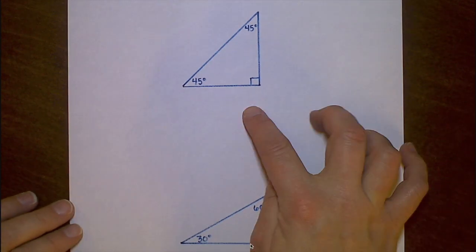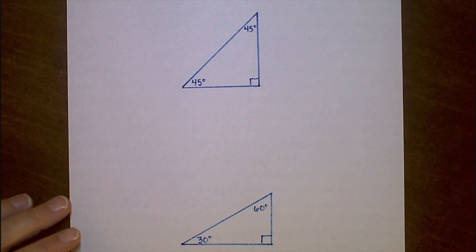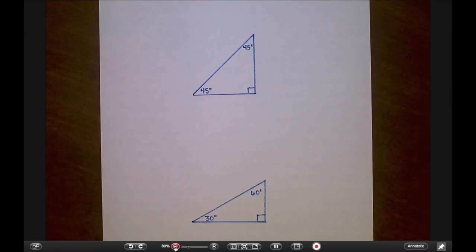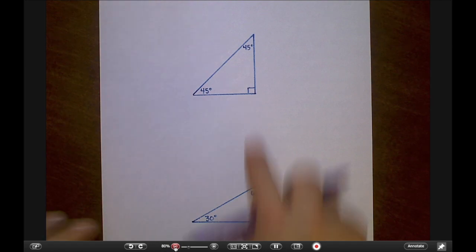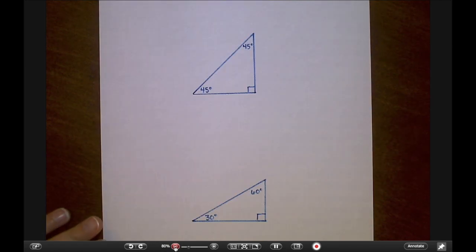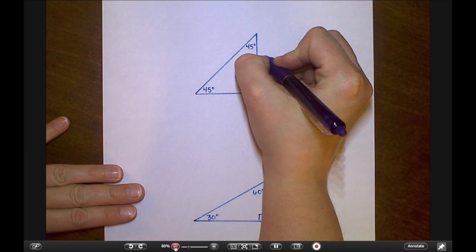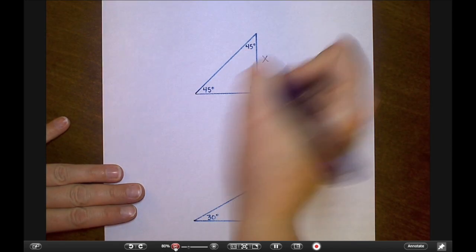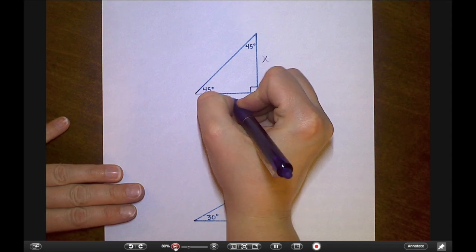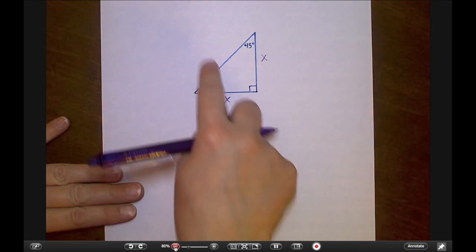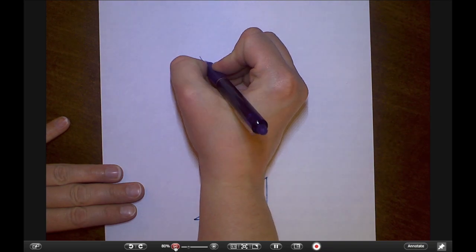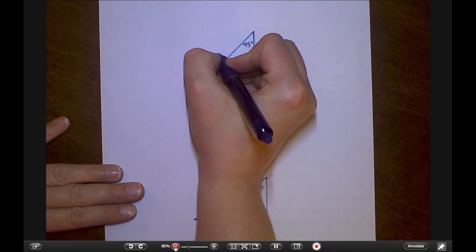We did the 45, 45, 90 triangle and the 30, 60, 90 triangle. When we learned about these triangles, we learned that their sides always fall in a very distinct pattern. Specifically in the 45, 45, 90 triangle, these two side lengths are going to be the same because this is an isosceles triangle. And the hypotenuse is always going to be that length times the square root of 2.